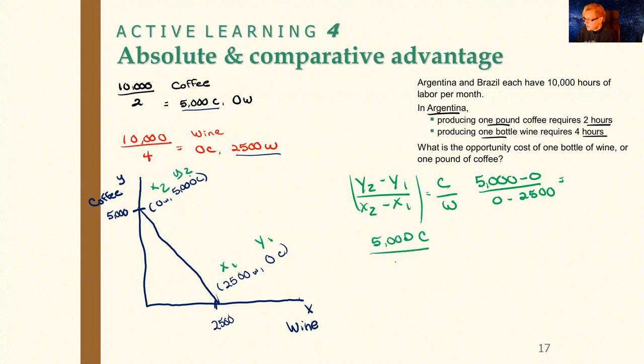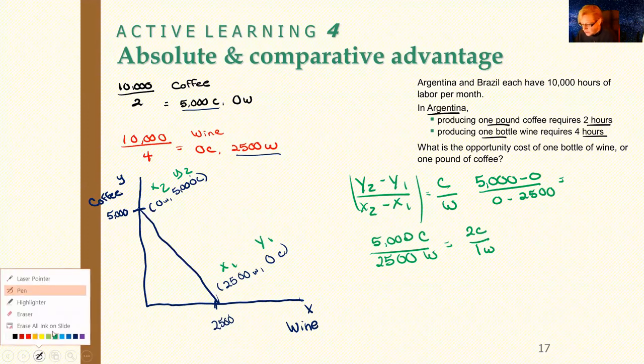coffee to 2,500 wine. And I know the highest common multiple that goes into both is 2,500. It goes into 2,500 once, and it goes into 5,000 twice. So now I have a 1 in the denominator, and I can become the economist and interpret this.